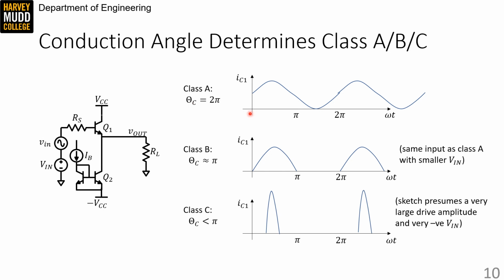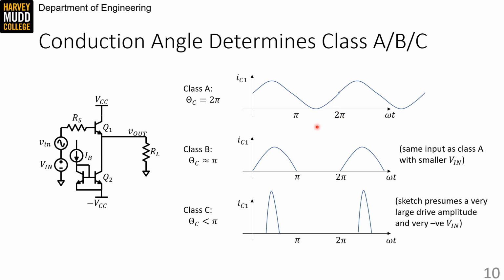That's illustrated in this plot of the collector current of Q1 against omega t. Now, we're using omega t here so that we can talk about fractions of a period that Q1 is conducting without having to talk about what specific frequency we're at. So using this abstraction of plotting against omega t is really handy, and it's where the idea of conduction angle comes from. So because we always have some current running in our collector, our conduction angle is 2 pi.